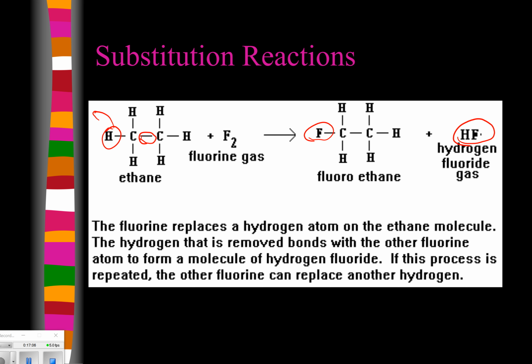Now we can continue this process and add this fluorine even further onto the molecule, which would replace another hydrogen. And we would essentially end up with hydrogen gas.